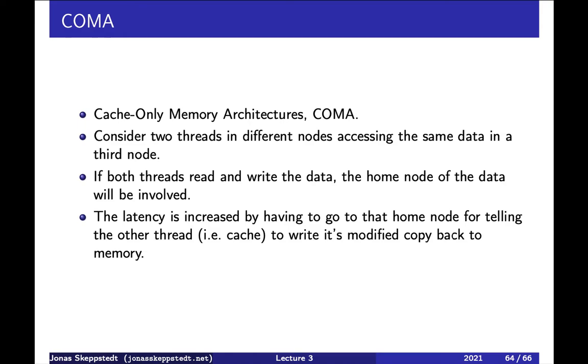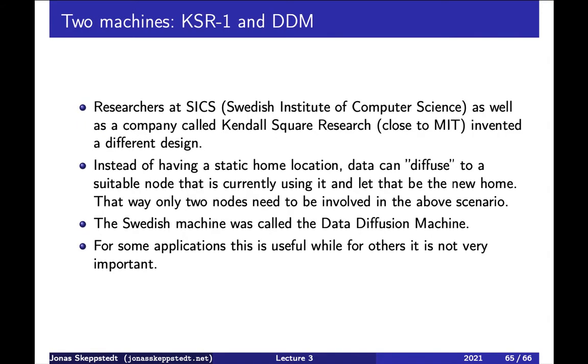There was one commercial product for this from Boston. It's called Kendall Square Research. Kendall Square is a square in Boston, not far from MIT, and it can be seen here as well.